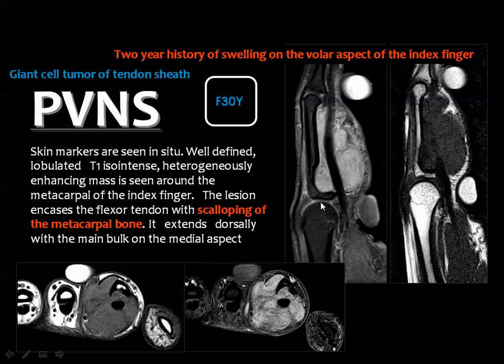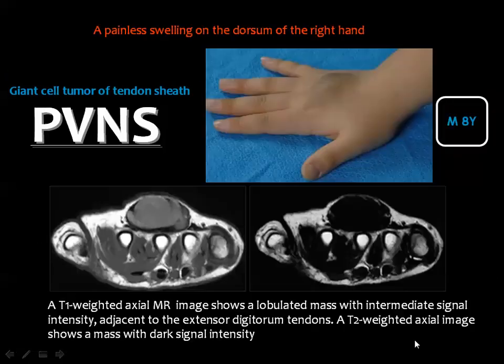And this is an example of a giant cell tumor of the tendon sheath in the sagittal STIR, sagittal T1 weighted image, axial T1 and axial STIR, and you can see the tumor is almost totally encasing the tendon, and there is some impression or benign scalloping of the adjacent cortical bone of the related phalanges.